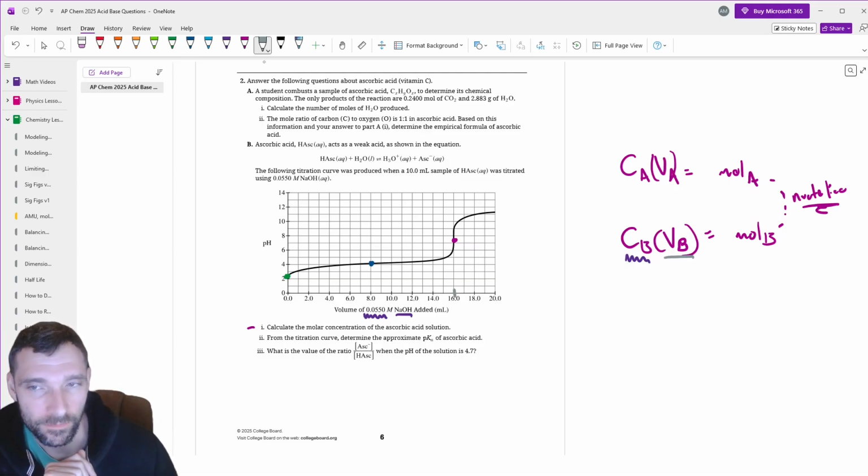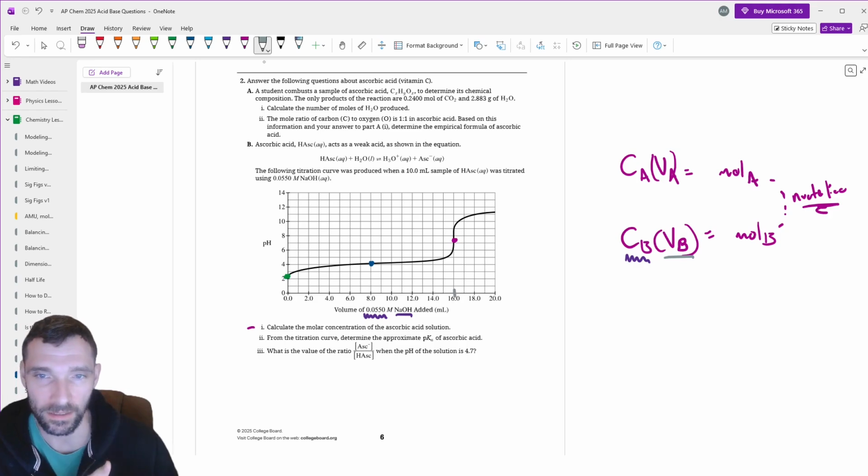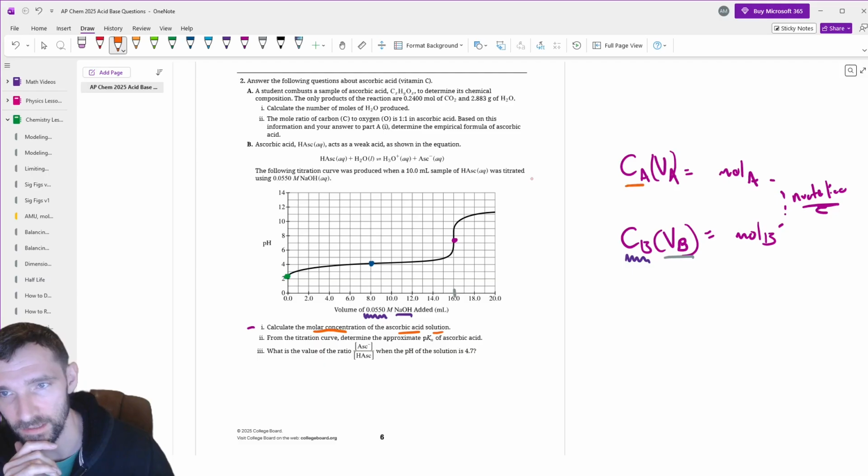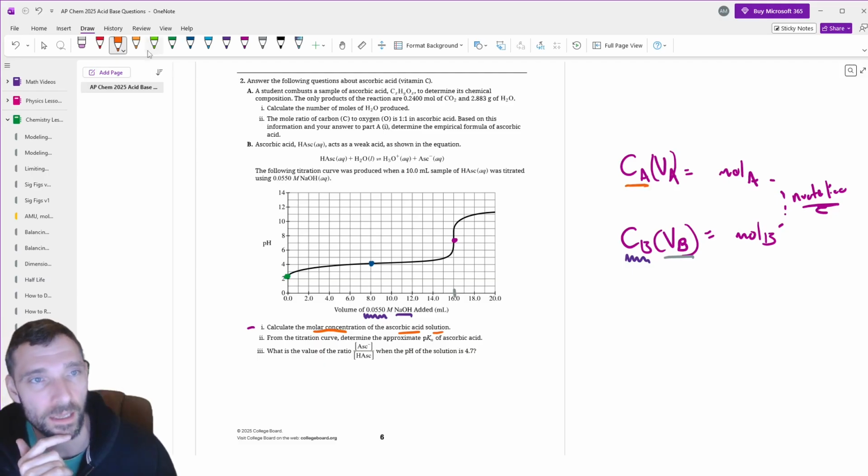Then when we're at that equivalence point, we can go back and say, okay, that amount of moles of base cancels out this amount of moles of acid. So we can then go back and think about what's going on in terms of what they're asking for, this molar concentration of this initial solution. So that's this concentration that we're trying to solve for right here.